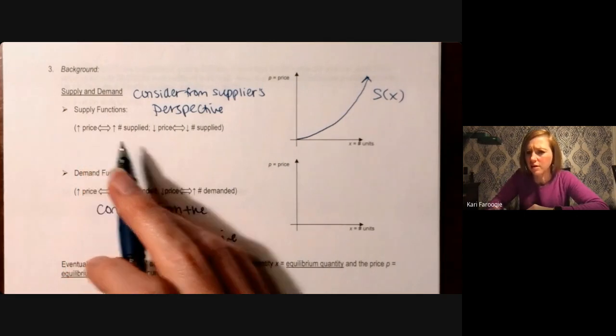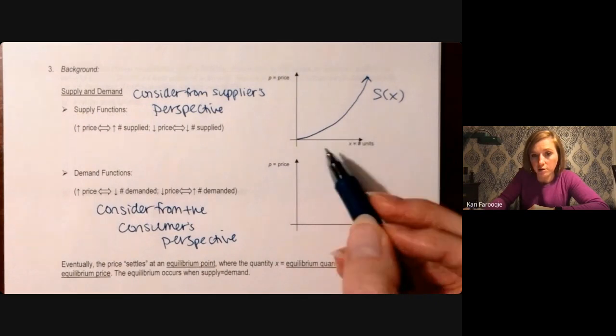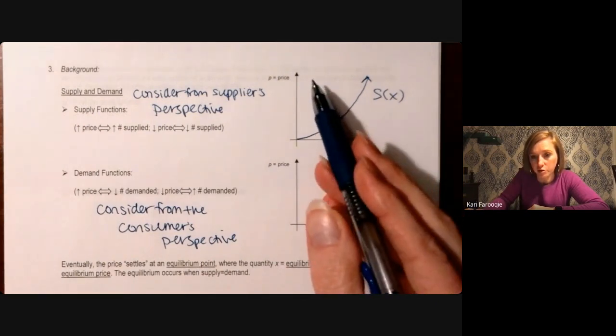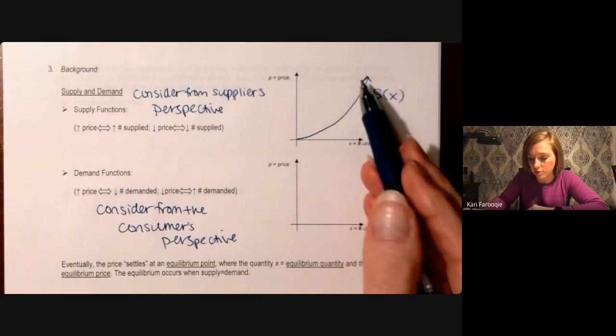Does that make sense? So as you produce more units, your price is going to be going up. So the amount that you're going to have to spend making those units.